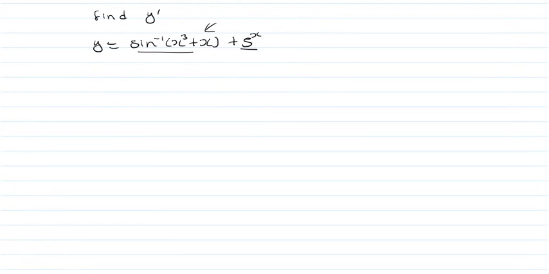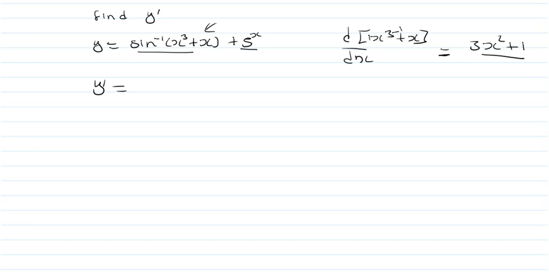We are saying y prime is equal to the derivative of the inside function, which is x power 3 plus x. The derivative of x power 3 plus x with respect to x is going to give us 3x squared, plus the derivative of x, which gives us a 1. So this derivative is going to be our numerator: 3x power 2 plus 1.